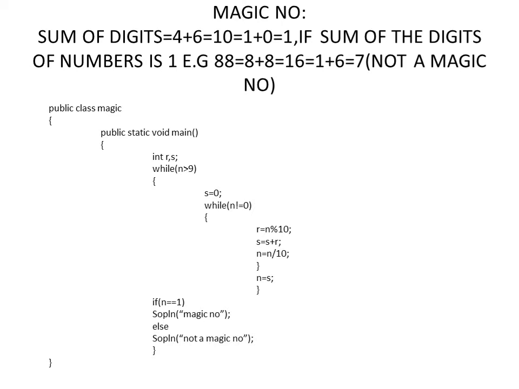Why are we running a while loop over here? Because we don't know the number of times we have to run the loop. In case we had known the number of times we had to run the loop, we would have used a for loop. So in this current scenario, we don't know the number of times we have to run the loop. Hence we are using a while loop.